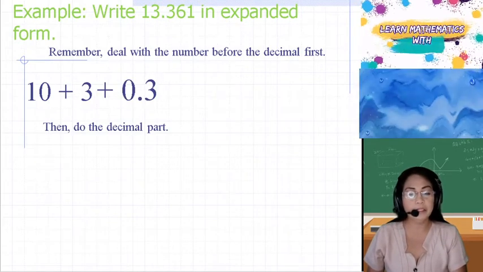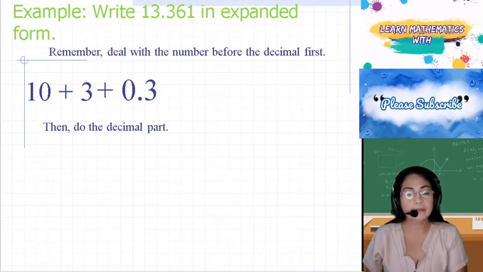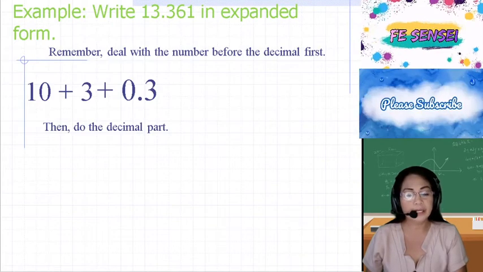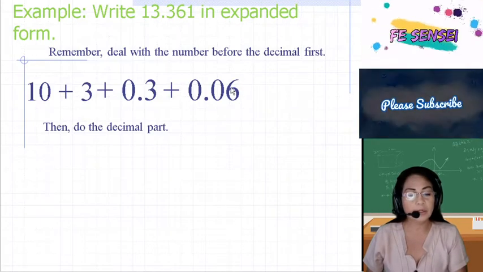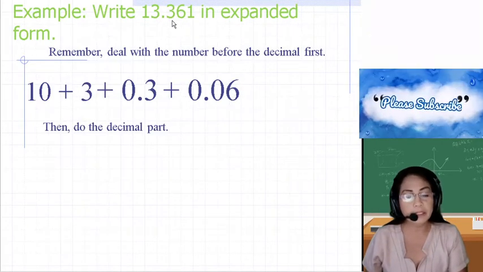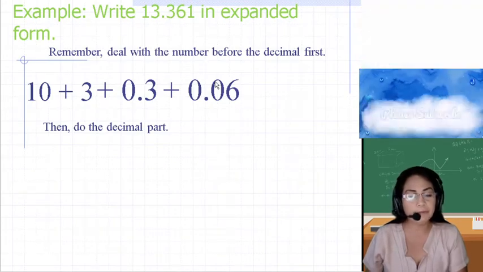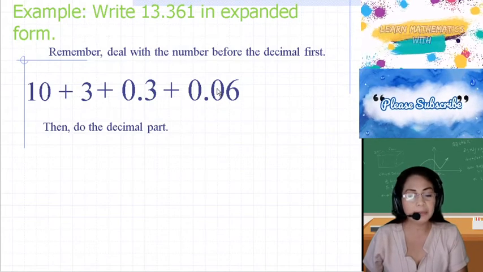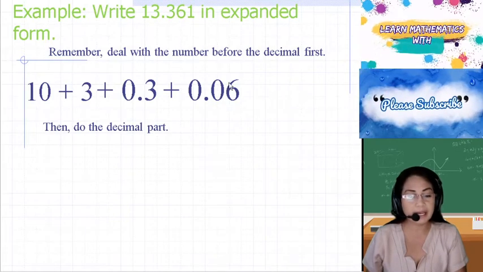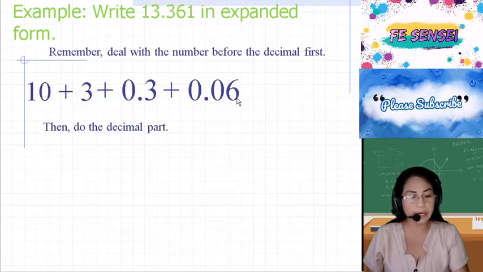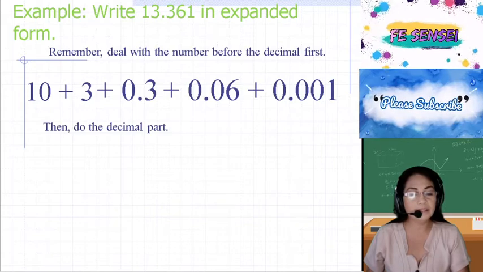Then the next number, this is 6 hundredths plus 6 hundredths. In writing it in expanded form, you have to replace the tens place with 0, and the hundredths place is 6, so that's 6 hundredths, plus the last is 1 thousandth.